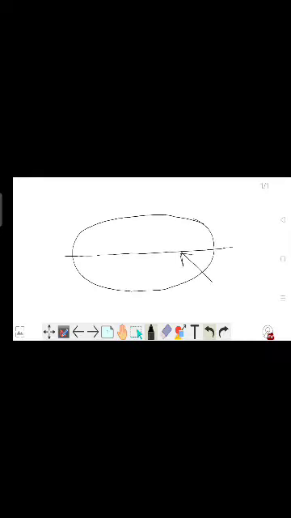In an elliptical orbit there are two types of axes, the semi-major axis and the semi-minor axis. If we consider the semi-major axis as A and the semi-minor axis as B, then n by k equals A by B.